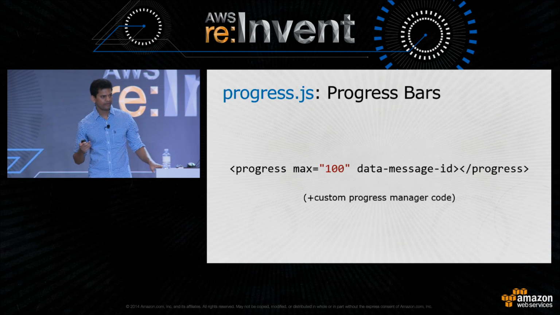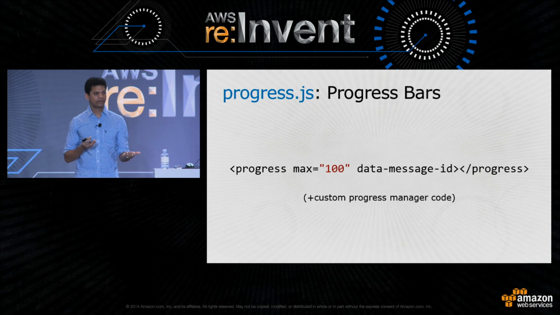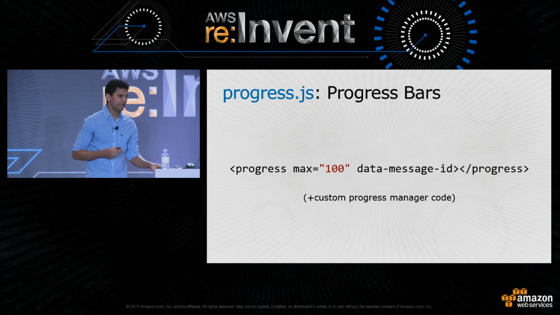Again, for progress notifications, the Windows runtime itself allows you to build JavaScript and HTML applications. So we've used a very simple HTML5 progress element to display progress notifications. In addition to this, like I mentioned earlier, we have some progress manager code that allows us to keep track of each progress element and the corresponding files that are being uploaded.